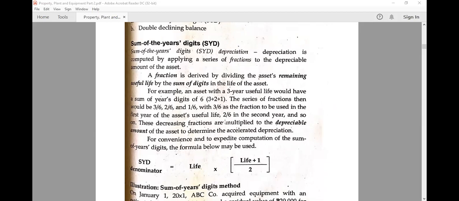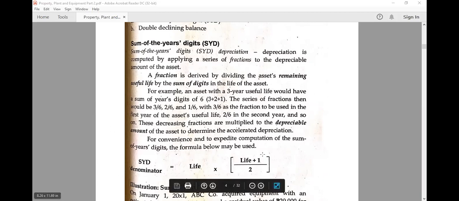The denominator is basically just the sum of the n number of years. Example, there are 3 years. So the denominator is simply the sum of the years: 1, 2, and 3. That's 6. So the fractions, first year would be 3 over 6, second year 2 over 6, and third year 1 over 6.